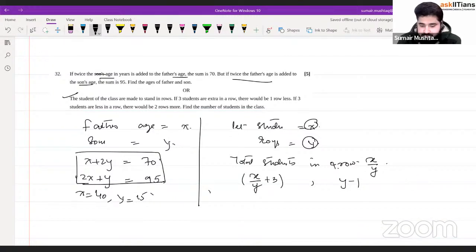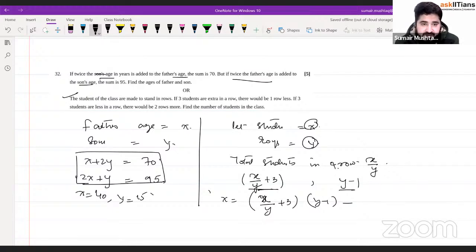Simple, fine. So what is the total number of students? Number of students in a row multiplied by number of rows. That is x over y plus 3, multiplied by y minus 1. This is the one condition.